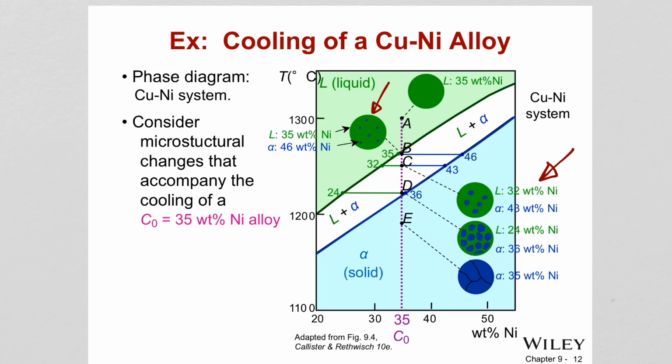So at point C, if we want to learn the percentage of nickel in the liquid and alpha phases, we again look at the intersection of that tie line with the liquidus and solidus lines. The liquidus line intersection shows us a composition of 32, which means we have 32% nickel in the liquid, and 43% nickel in the solid, from the intersection of that tie line with the solidus line. Right here I read it.